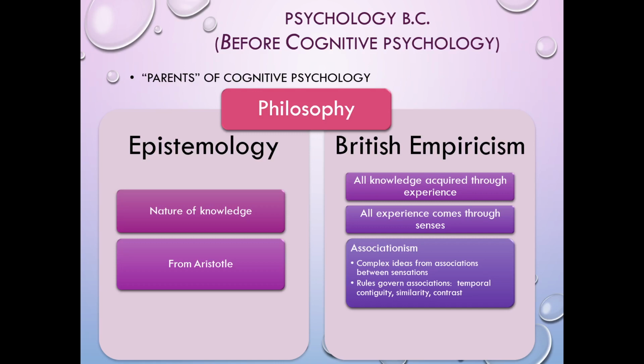We make these associations in an effort to understand these pieces of information. There are rules that govern the associations that will form. For example, temporal contiguity talks about how if two things happen close in time, we are more likely to think that they are somehow related to each other.